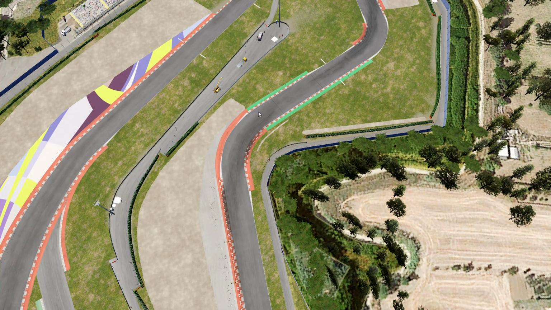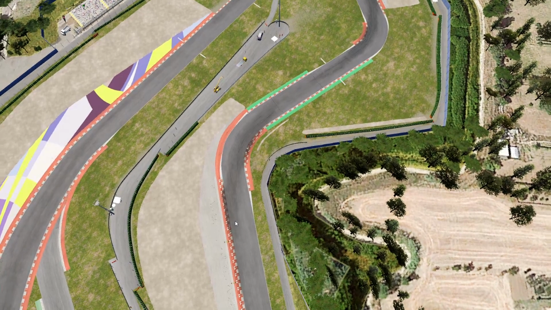We want to be as close to the apex as we can so that we shorten the corner as much as possible, while also carrying as much speed as possible through that apex, because we don't want to slow down any more than we have to. And we also want to get onto the throttle as quickly as possible so that we start regaining our speed as quickly as we can.